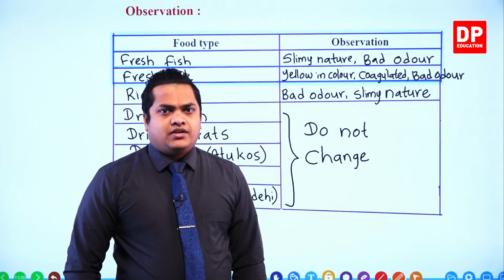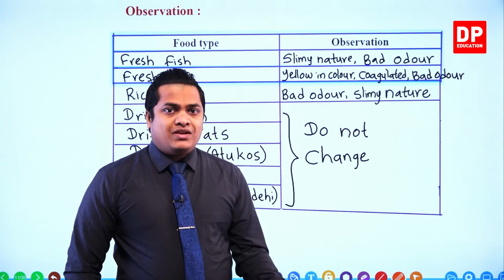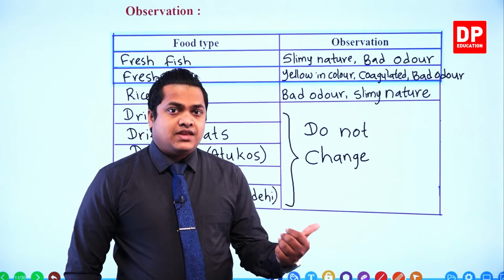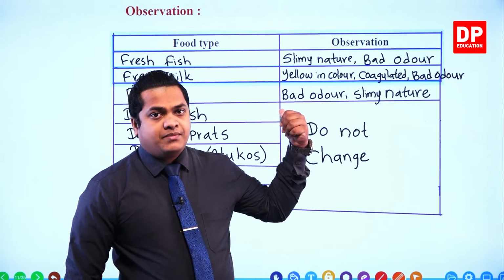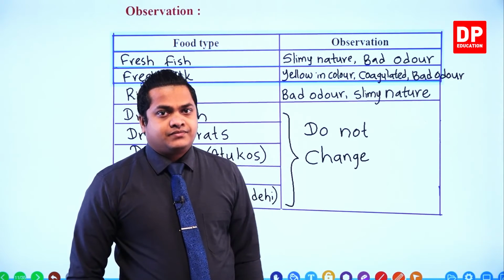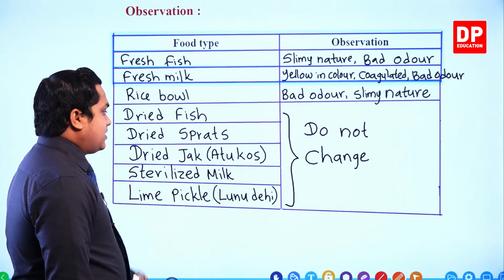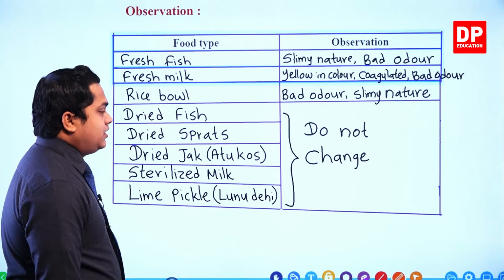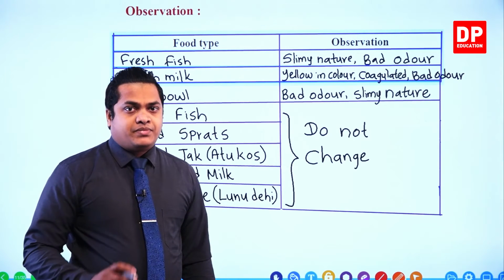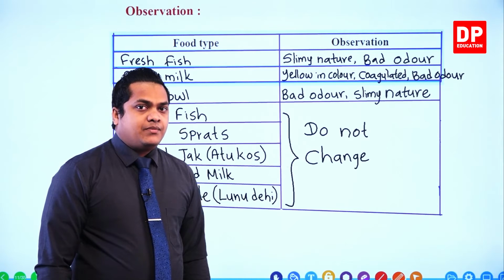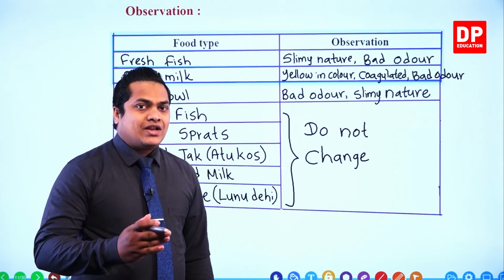Up to 12 to 13 hours we can keep it without any trouble. But if you keep normal milk for about 12 to 13 hours, these kinds of things can be observed very clearly. So my dear children, sterilized milk is also a kind of preserved food, so that we can keep it for a long time period.